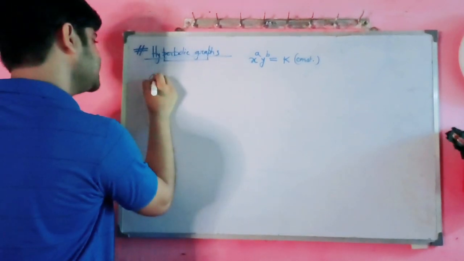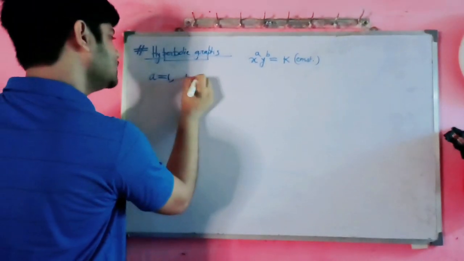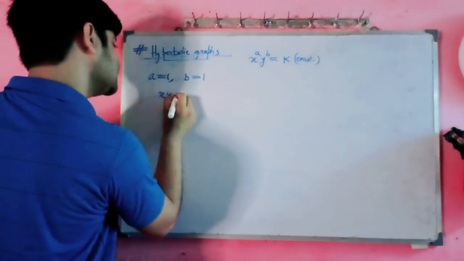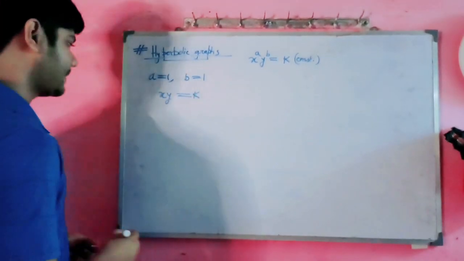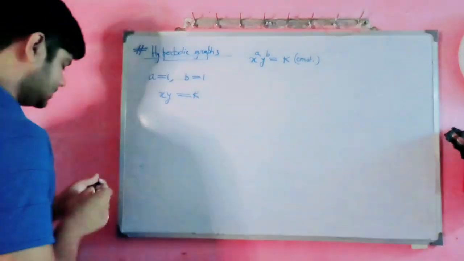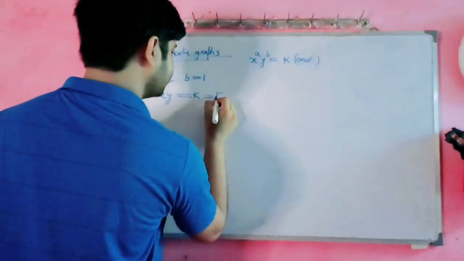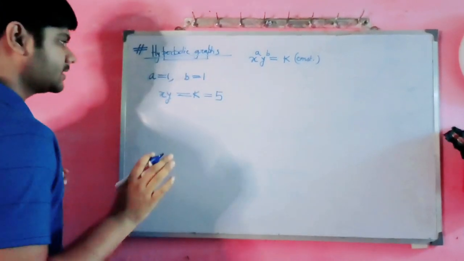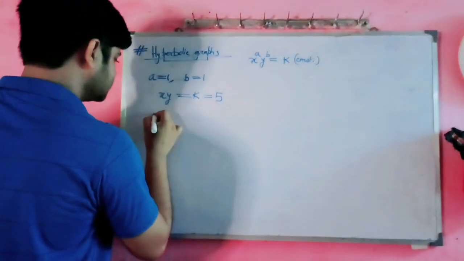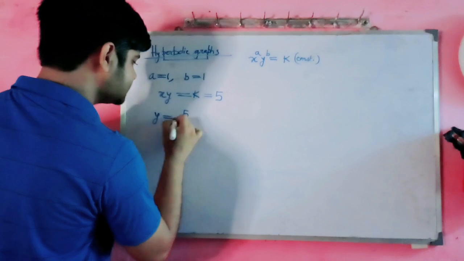At first let us consider a equals 1, b equals 1, then xy equals constant k. Now let's suppose k equals 5, and then y equals 5 over x.